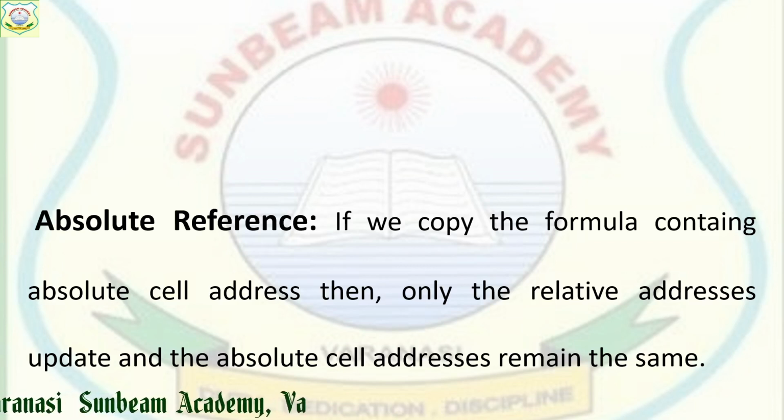How is an absolute cell address created? Absolute cell addresses are those where we use a special symbol, the $ sign, before the column letter as well as the row number. It becomes absolute, meaning it has a fixed value which cannot be changed.